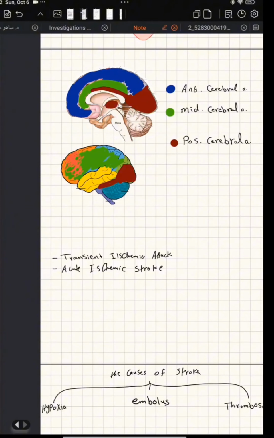The lateral parietal lobe, responsible for sensation of the arm and face, is supplied by the middle cerebral artery. What about the basilar artery? The basilar artery supplies the pons and the superior, anterior, and inferior aspects of the cerebellum. The vertebral artery supplies the medulla and the posterior and inferior aspect of the cerebellum.